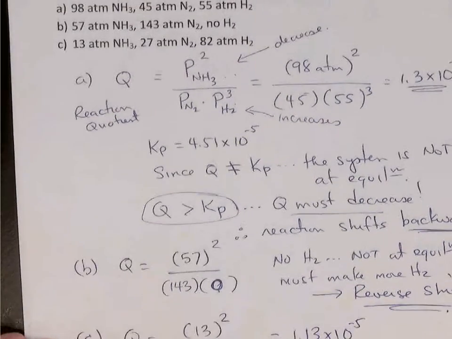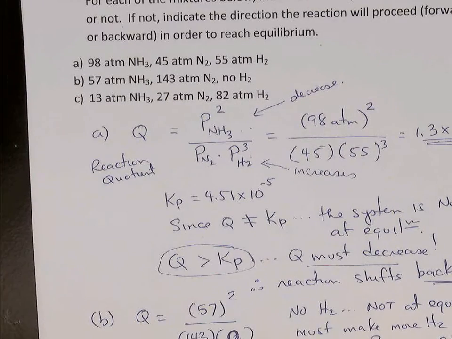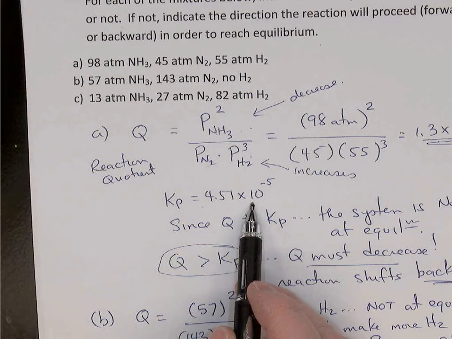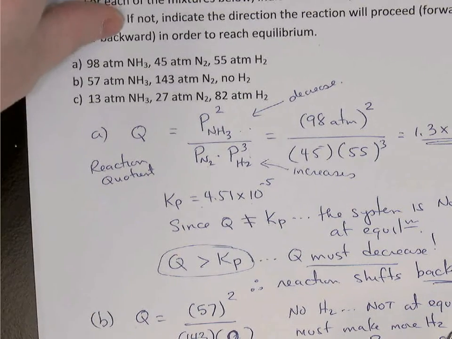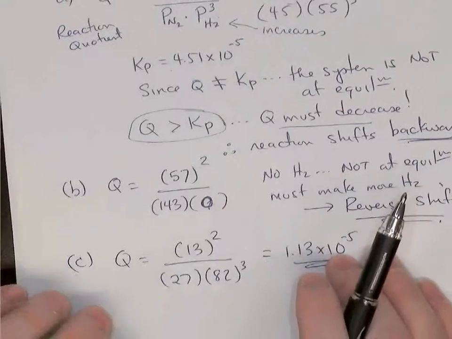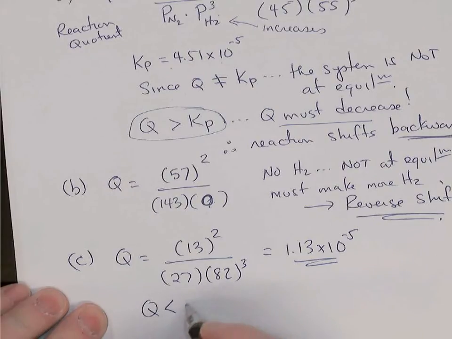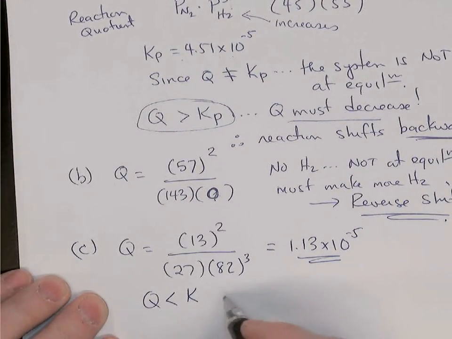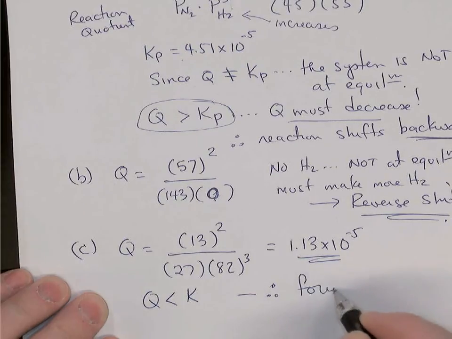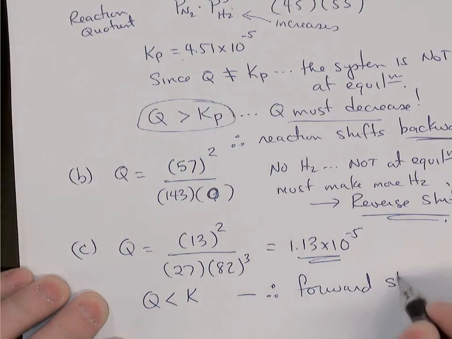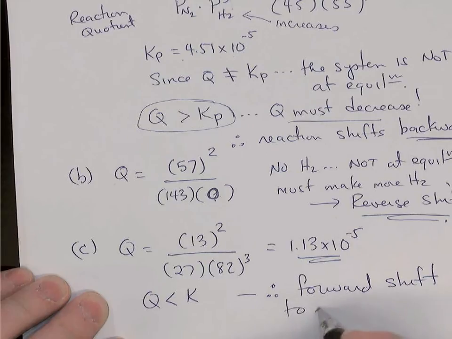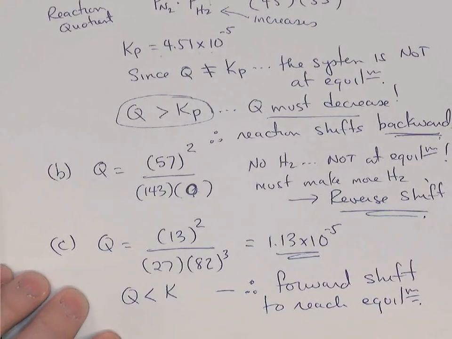And now when we compare that to the original value for K, which was 4.51 times 10 to the minus 5, we see now that Q is less than K. So Q is less than K, therefore we get a forward shift to reach equilibrium. It's not currently at equilibrium. The reaction will shift forwards to reach equilibrium.